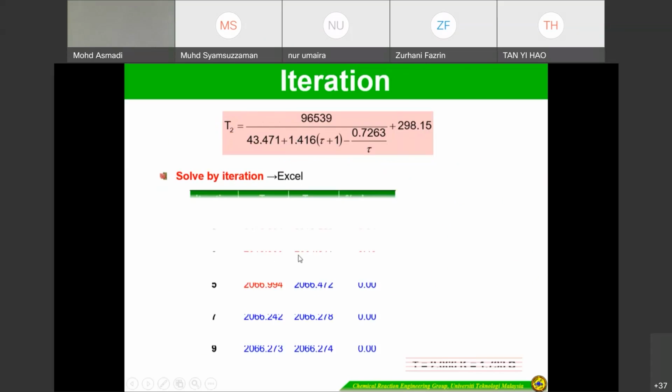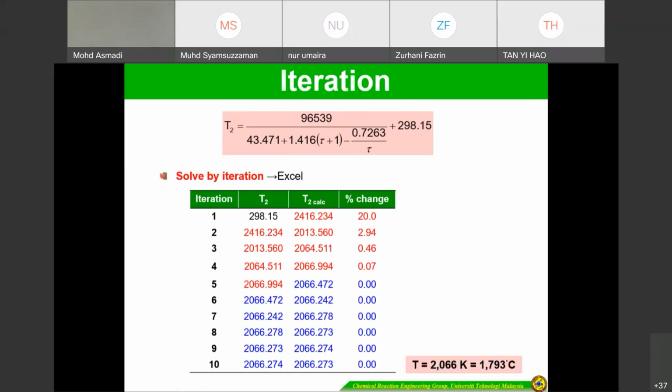Okay, so I guess the starting temperature, because I start with 298. 298 Kelvin. I start with 298 Kelvin. And then I got a new value. And this one I enter the new value. When I enter T1, T divided by T naught, I guess tau is equal to 1. And then I got new T2.